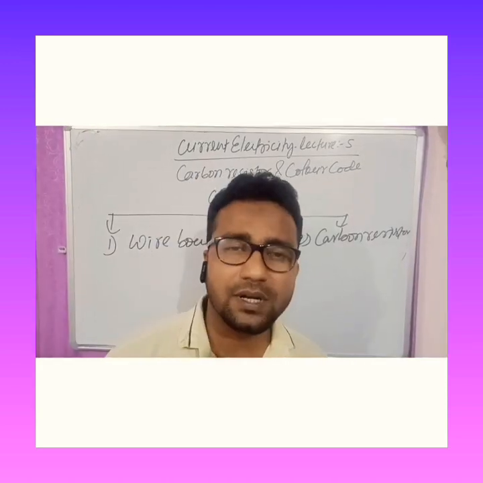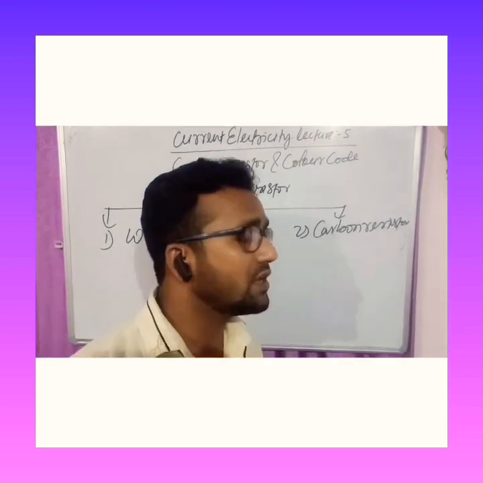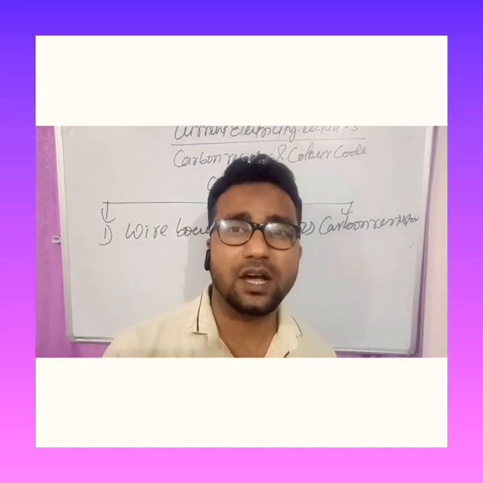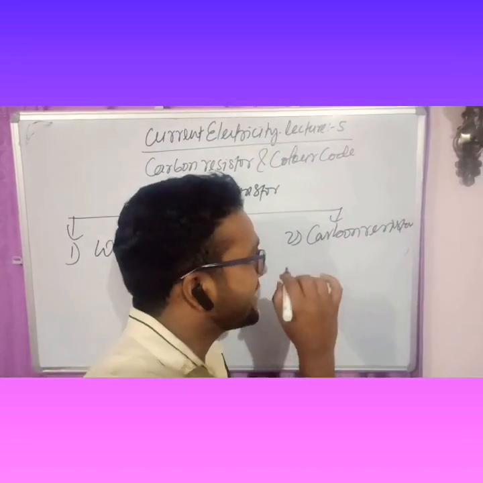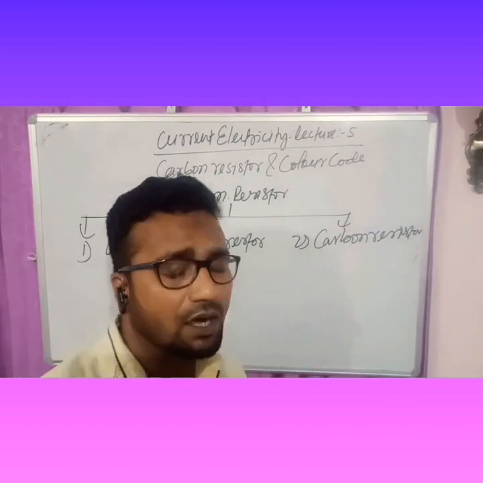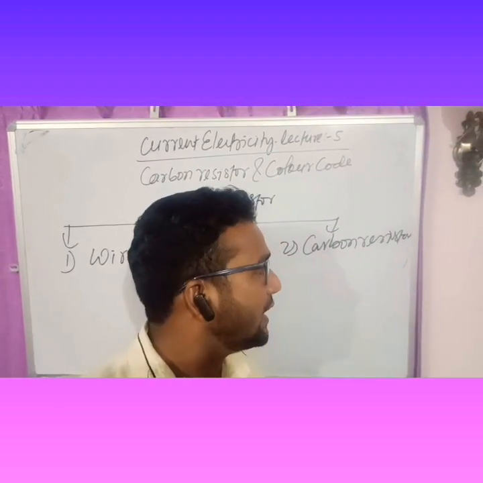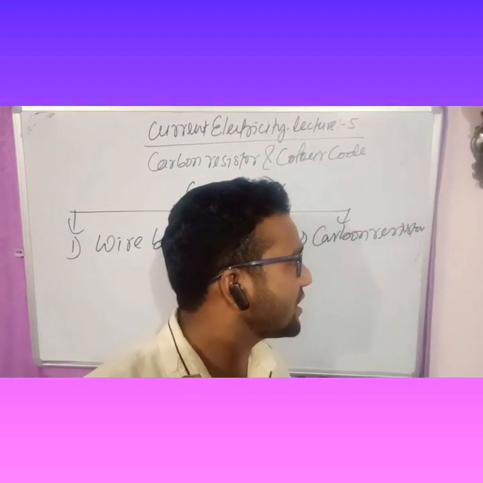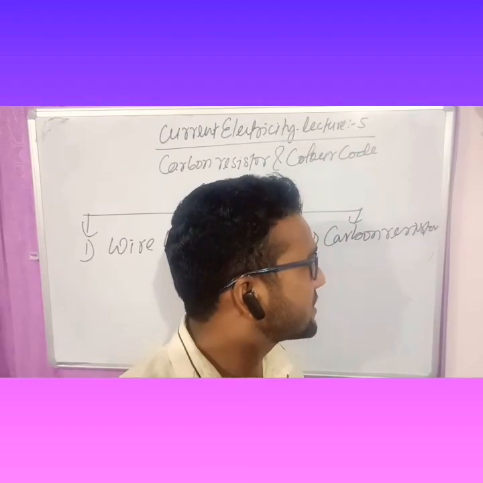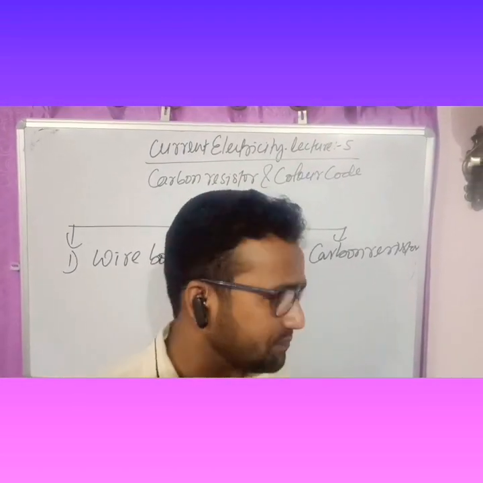Now the carbon resistor is a mixture of three things. First one is carbon black, second one is clay, and third one is resin. Resin is simply an organic compound which is obtained from a plant, and it consists of a non-crystalline substance.